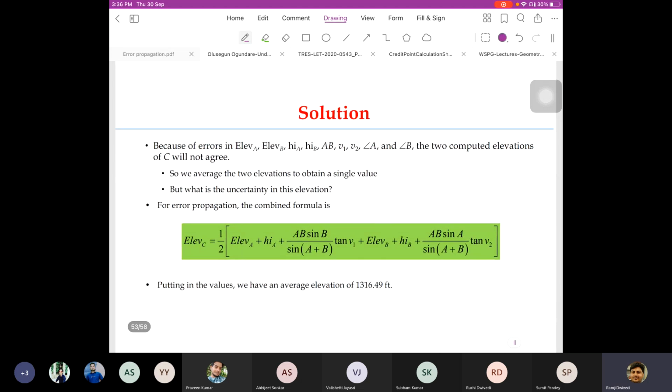So how many parameters you can count? 1, 2, 3, 4, 5, 6, 7, 8, 9. So 9 parameters are there. Elevation AB, height of instrument AB, V1, V2, angle A, angle B. So how many times you have to take the partial derivative?